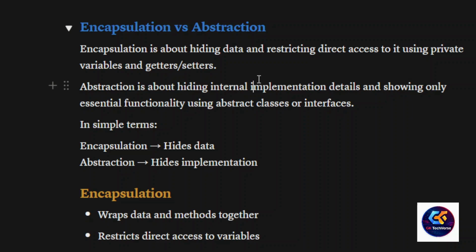Encapsulation versus abstraction. We already discussed encapsulation and abstraction. Now we'll see what the difference is. Encapsulation is about hiding data and restricting direct access to it using private variables and getters and setters. Abstraction is about hiding internal implementation details and showing only essential functionality using abstract classes or interfaces.